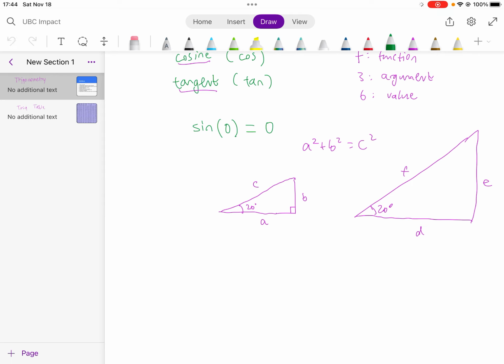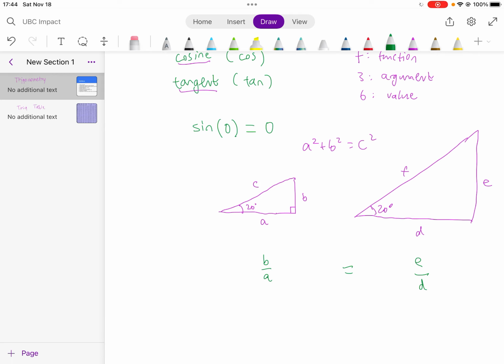So for example here, if you take the ratio of B divided by A, and then similarly, we need to use the same sides, right? E over D, these two ratios are actually the same. Even though E is bigger and D is bigger, if you divide the two, the bigger values kind of cancel out, and you're left with the same ratio.